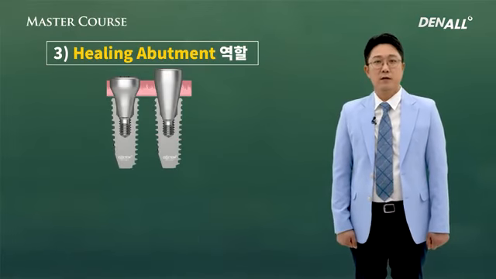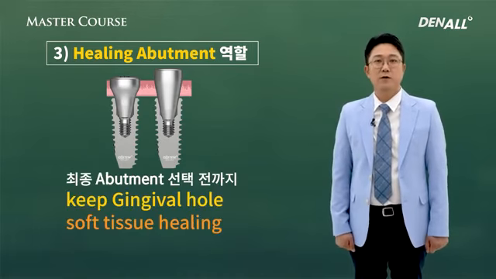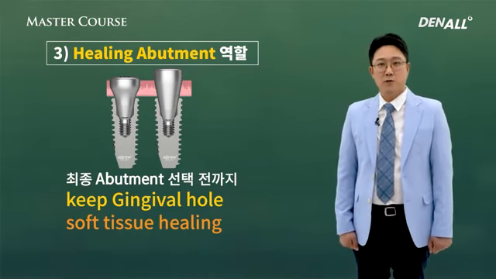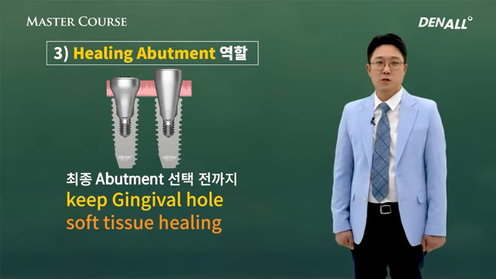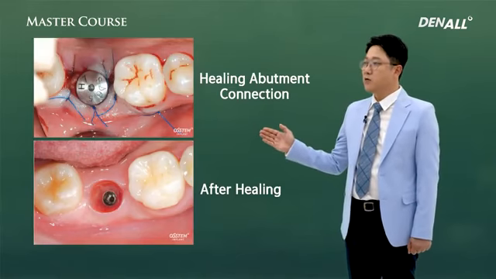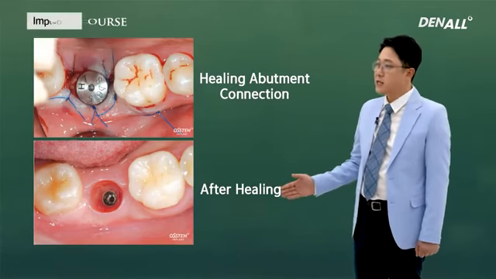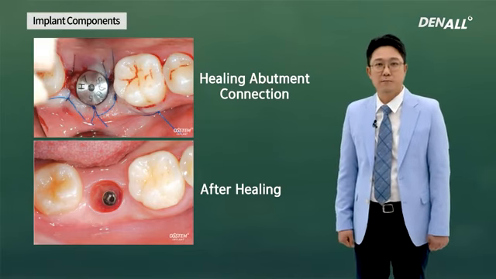Healing abutment. The purpose is, before final abutment connection, it keeps gingival whole and also supports a complete healing of soft tissue. As shown in the image, once healing abutment is connected, the gingiva has healed very nicely.